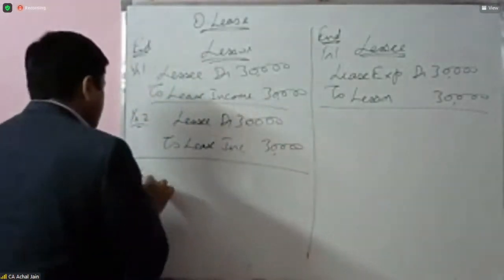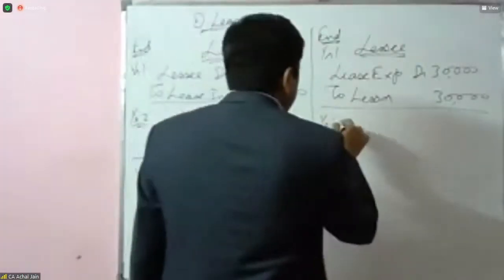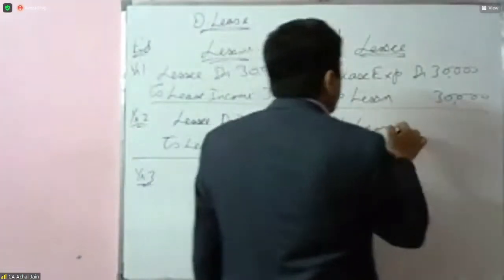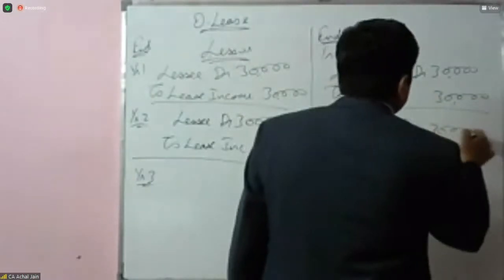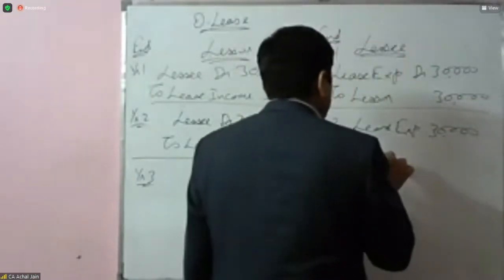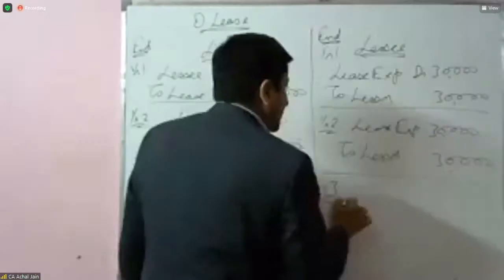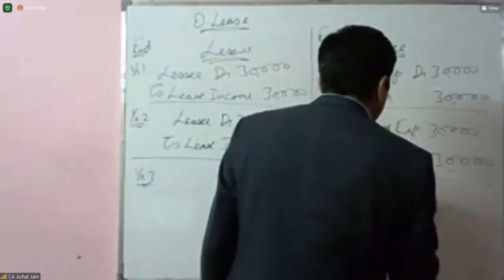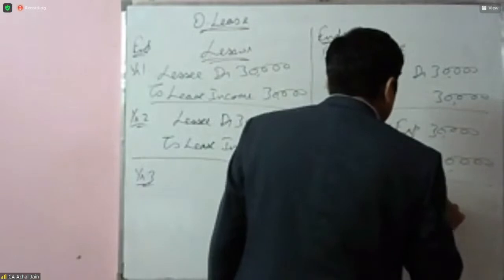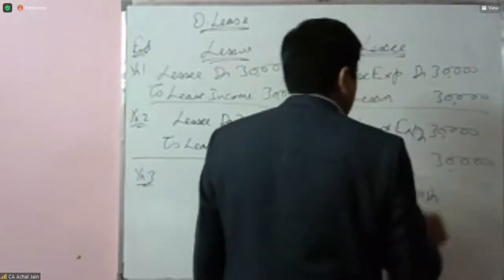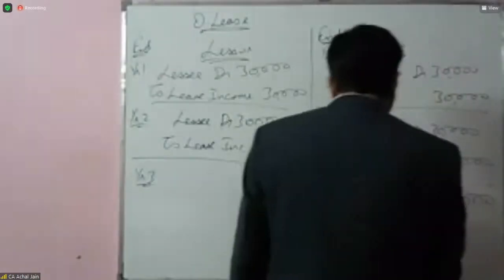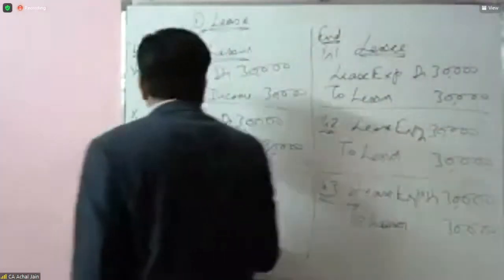Year 3, here again, the same accounting entry would have been passed, 30,000 to lessor, 30,000.